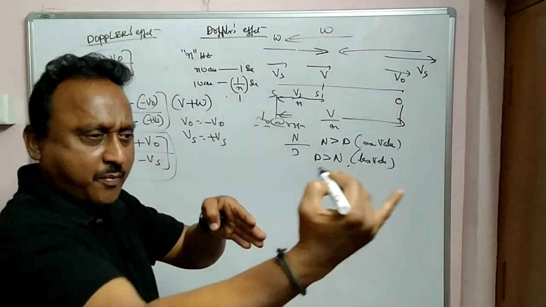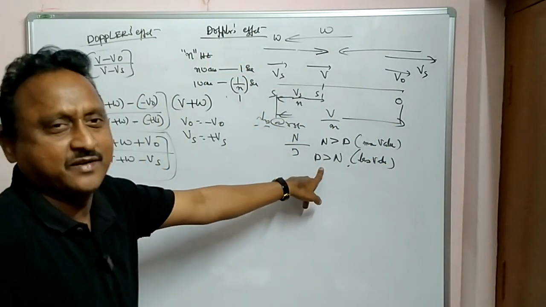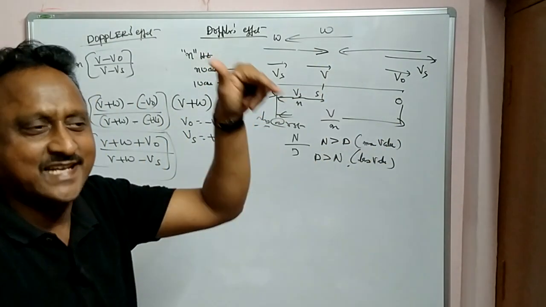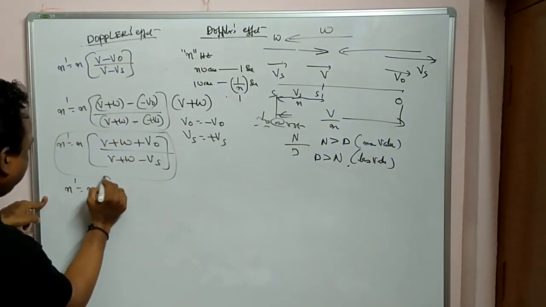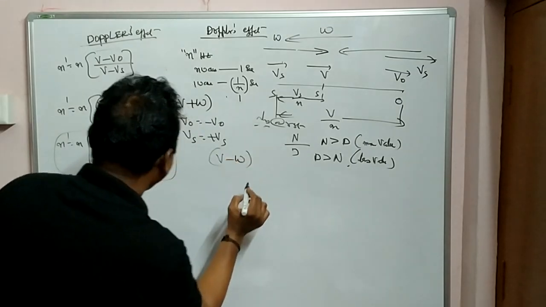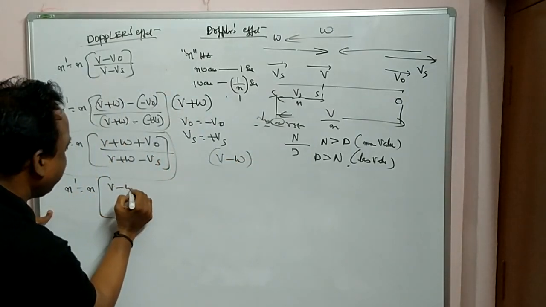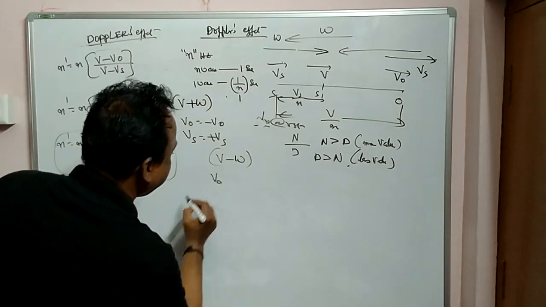Now suppose wind is in the opposite direction. Suppose the wind is going in the opposite direction to the source of sound. Then the frequency decreases a little; the denominator is more. So the apparent frequency is decreasing. So again the symbols all change here. Then what happens? n dash is equal to n into, what is the relative velocity? It becomes less now: v minus w. So v minus w, okay, and what happened to v0?